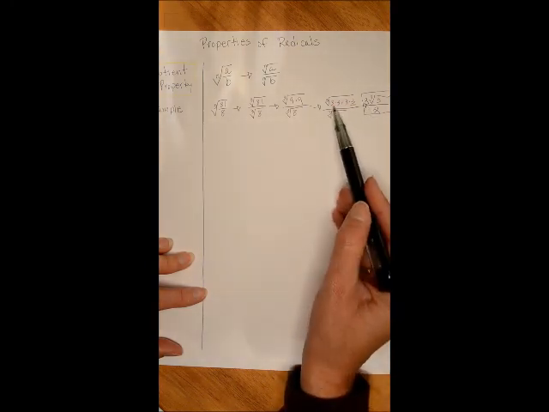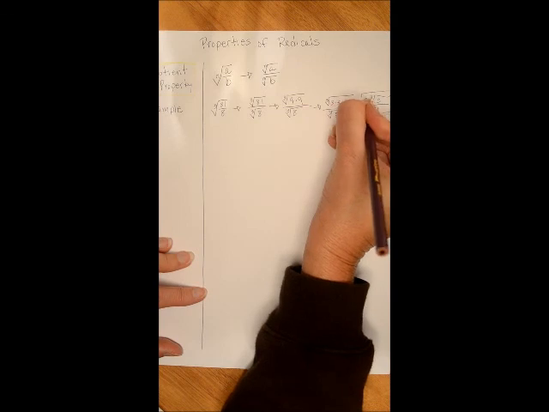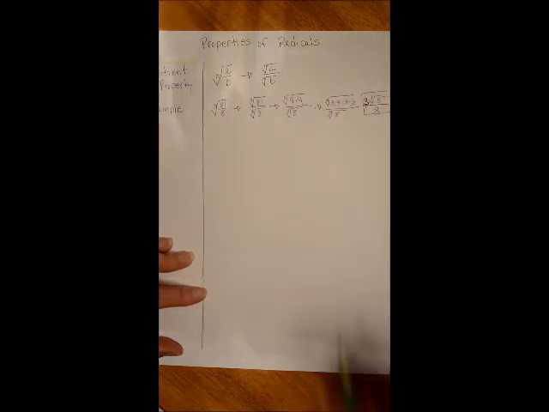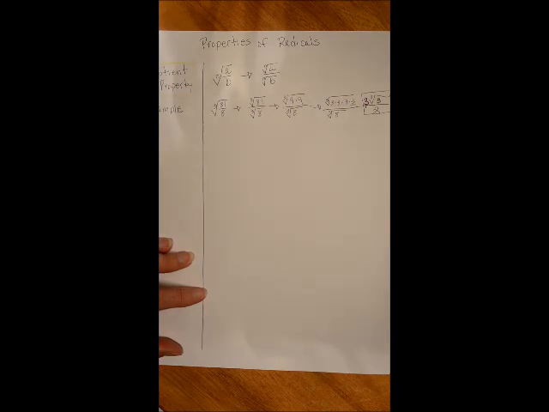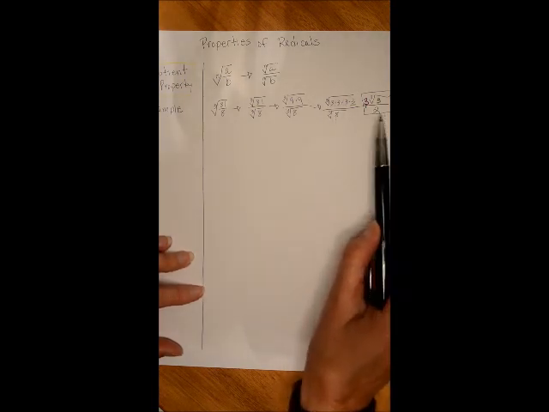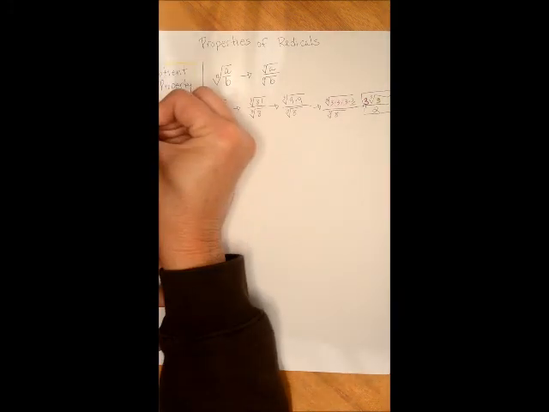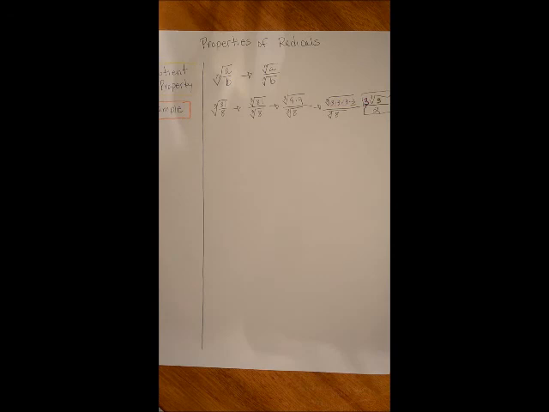So I have 3. Those are from my purple. I can even make it purple if that will help. There's my purple 3. And here's my green 3 that had to stay behind because I didn't have any more to match them up. Okay, so they stay behind. Cube root of 8 is 2. That's what you do.